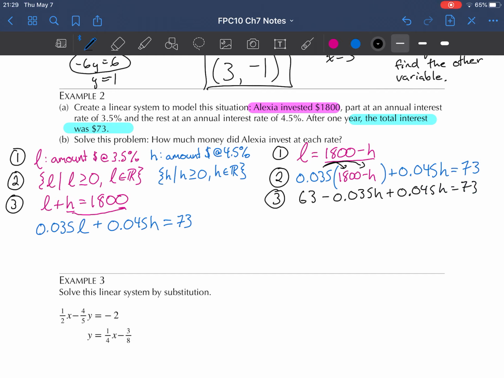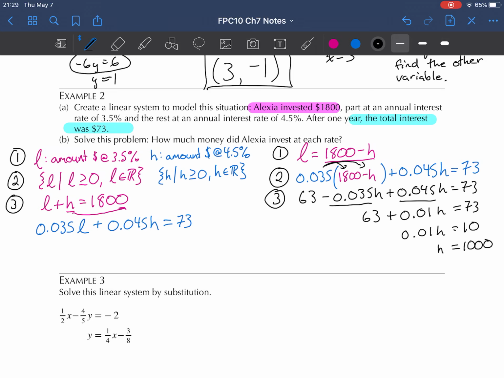Not bad. Let's keep solving it. I can combine these like terms to get 63 plus 0.01H equals 73. Subtract 63 from both sides to get 0.01H is equal to 10. Multiply each side by 100, or divide by 0.01. H is equal to 1,000.